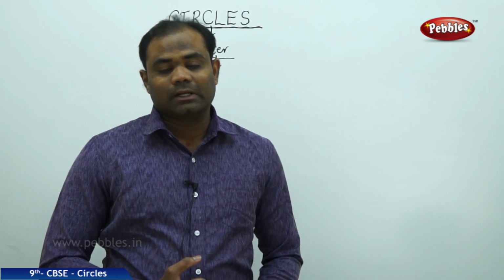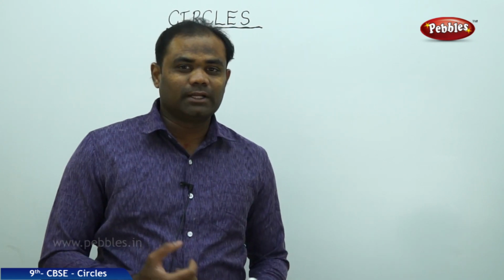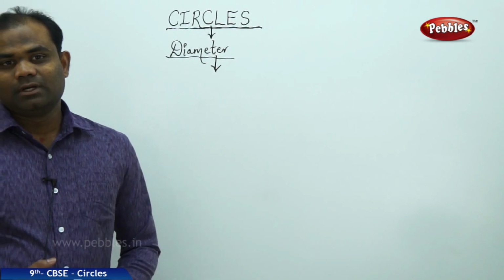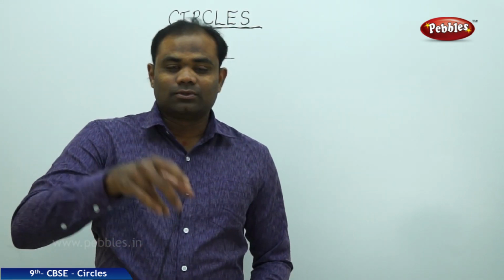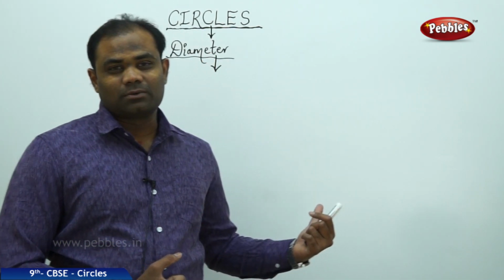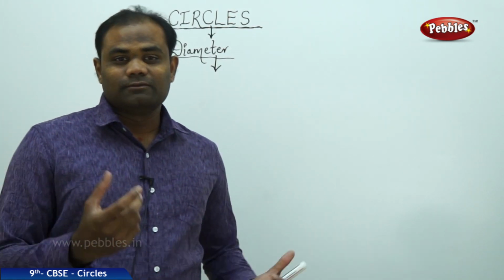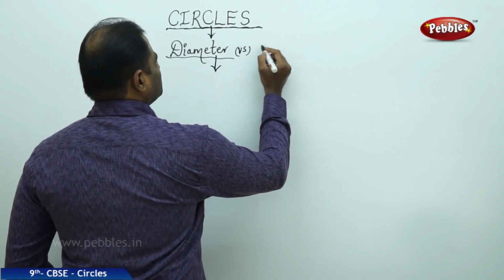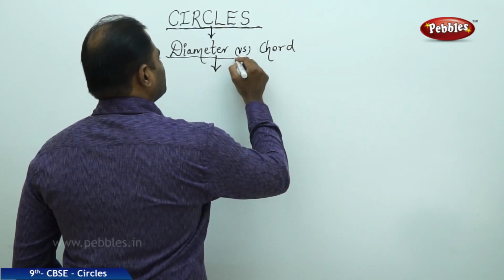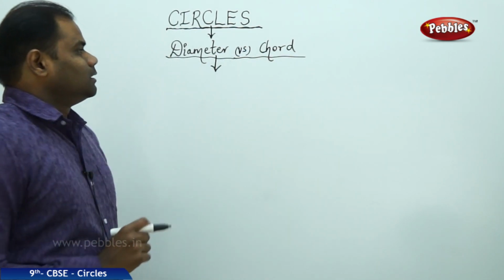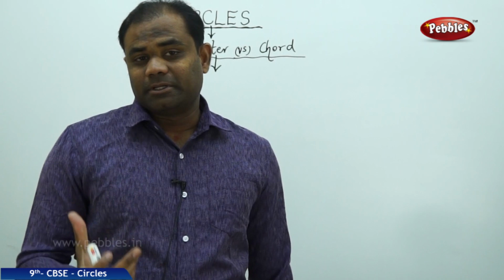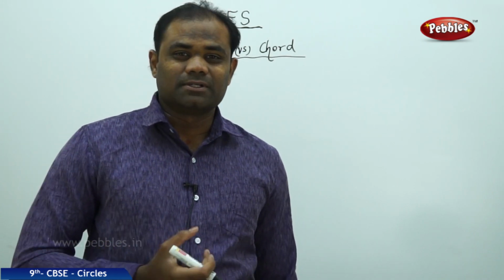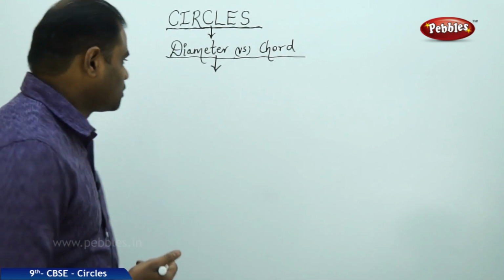Now that we have defined a diameter connected with the circle, now comes the concept of how we connect a diameter with the chord. How do we understand diameter through the chord definition as we have taken in the previous session? So this session is about connecting diameter with the chord of the circle. Diameter versus chord. So in order to understand diameter in terms of the chord, let's revisit the chord definition.